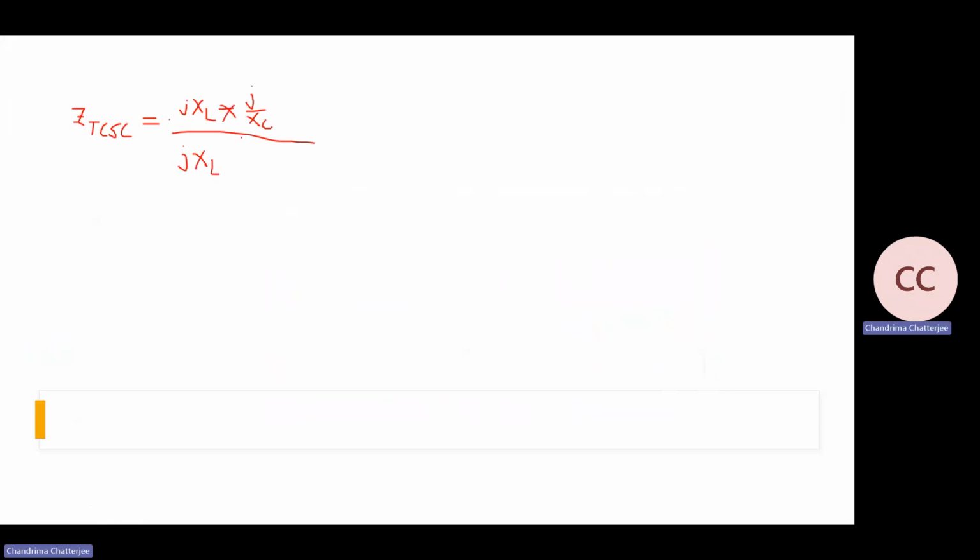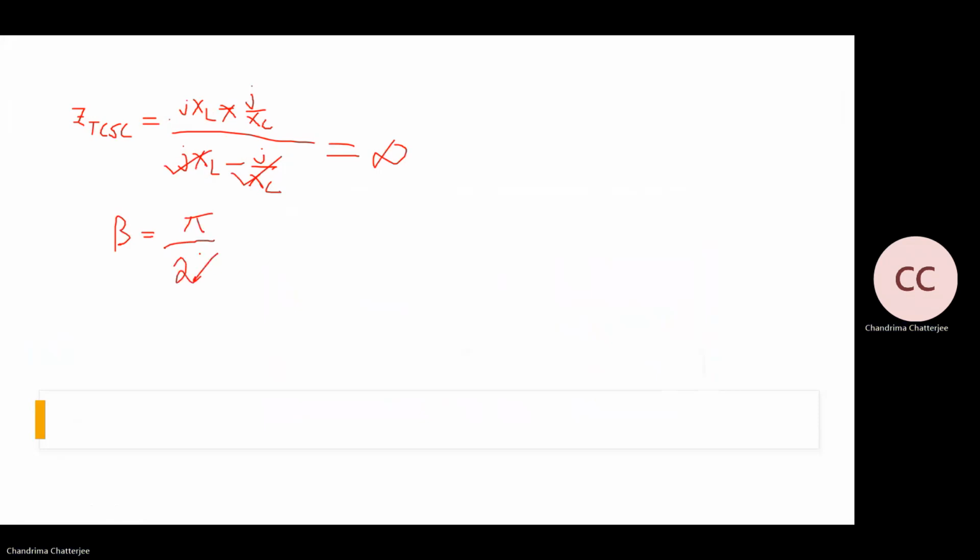This is multiplied and this is minus j by XC. So they are equal, this and this. So this is infinite, okay. And Z TCSC is infinite when beta is equal to pi by 2 lambda.